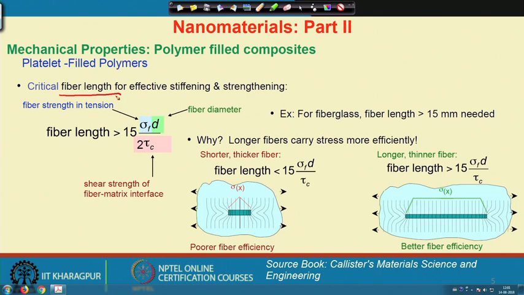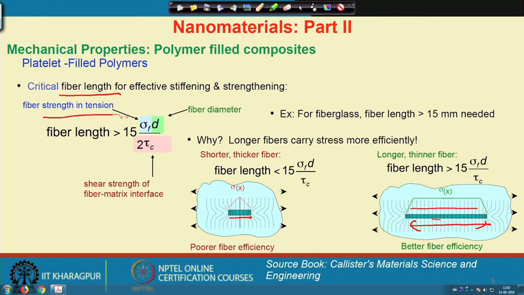Here the stress profile is continuous, along the particle, along the fiber. There is a very nice equation that lets us estimate whether a particular length of a fiber will make a continuous fiber reinforced composite or not.